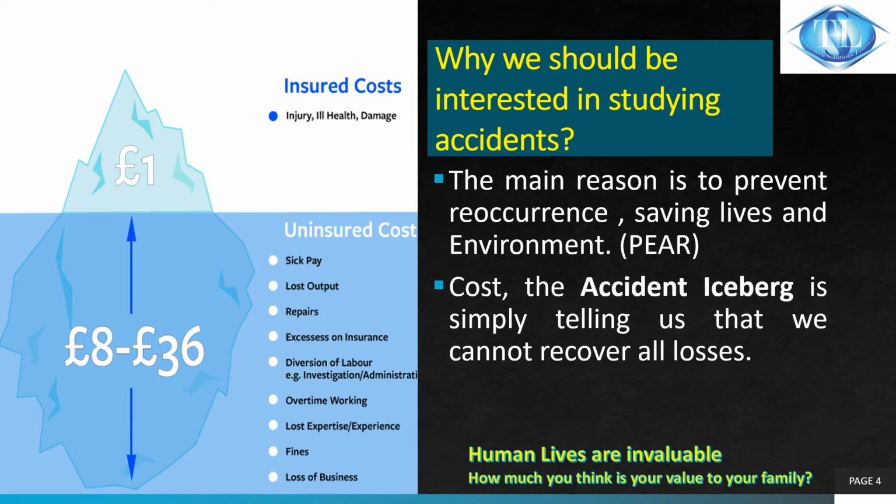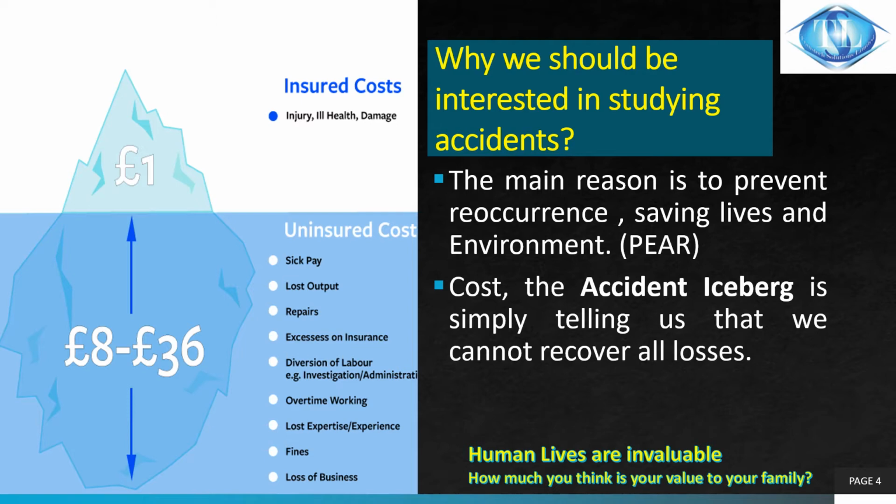Another very important point, which for companies may be equally important, is the cost of accidents. One of the ways to compensate and recover from accidents is to get the insured part paid for us.